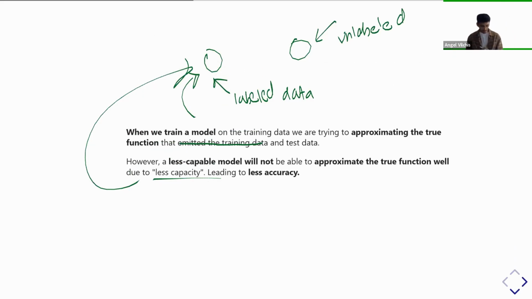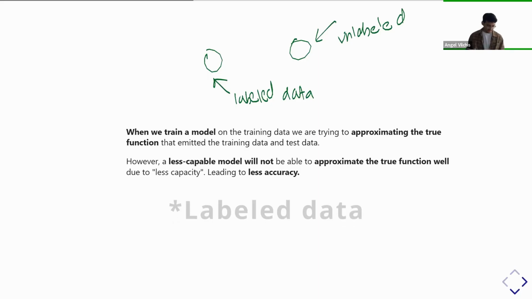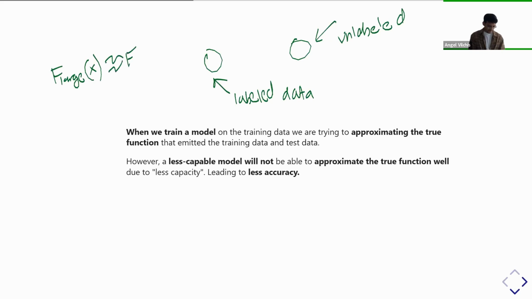So what's happening when we train a large model on this data? Well, the large model function is trying to approximate the function that emitted the data, the true underlying function. And when we train a small model on the same labeled data, it tries to do the same thing.